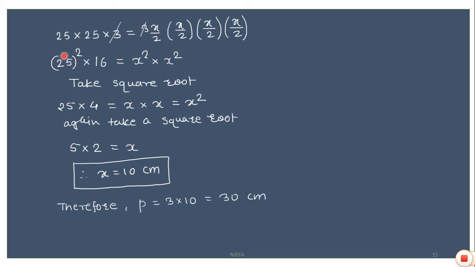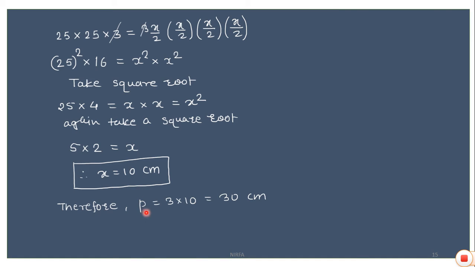Root of this term is 25, root of 16 is 4, and root of x square is x, and another x square is x. Therefore I'm getting x square is equal to 25 into 4. One more time take the root. So I'll get x is equal to root of 25 is 5, root of 4 is 2, and therefore I got the value x is equal to 10 centimeter.